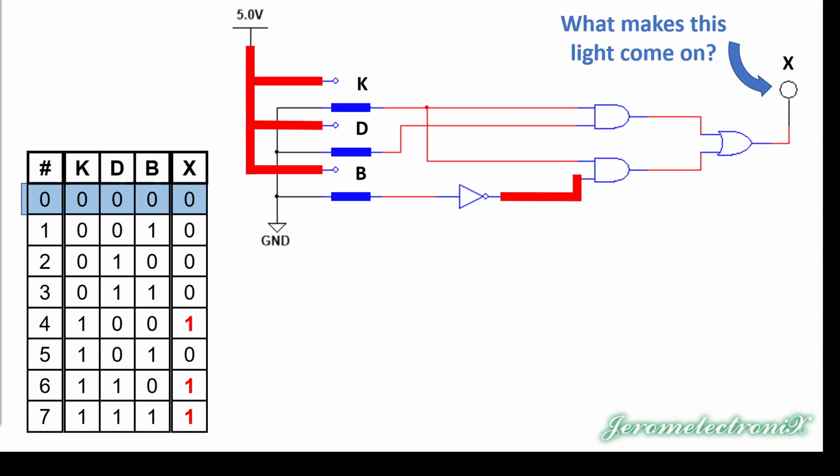We're going to step through each one of the row combinations to see why the light comes on when it does. Now, don't be confused by the red line after the NOT gate, because we're not putting any pressure in, we're not putting any volts in. The NOT gate inverts that to pressures coming out. Okay, so just be aware that's what that means.